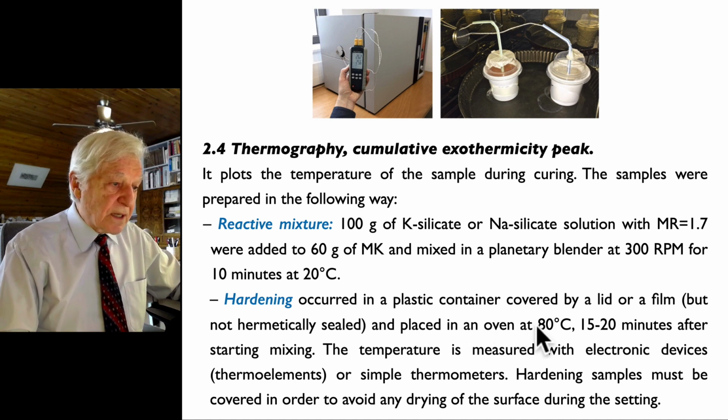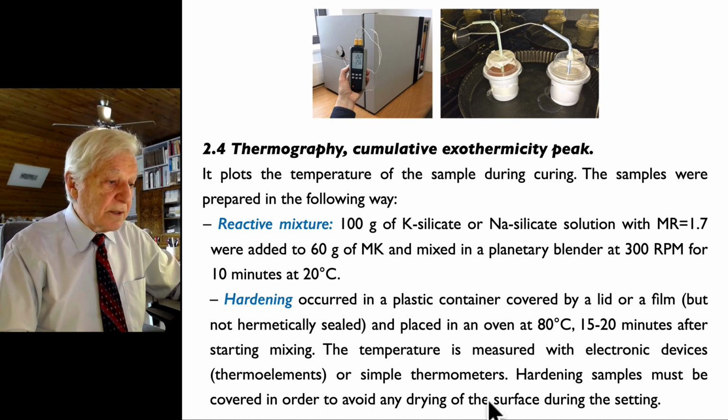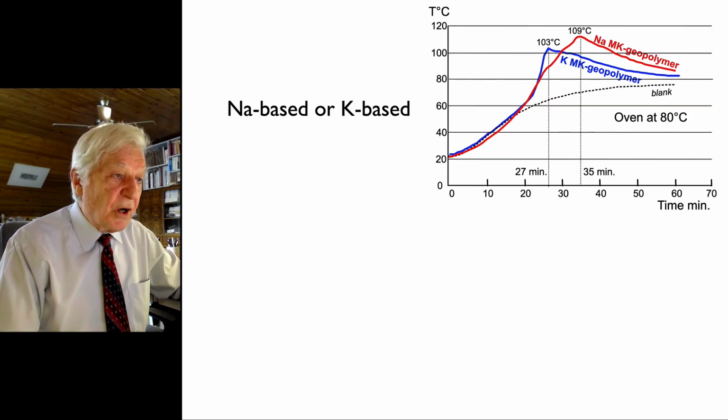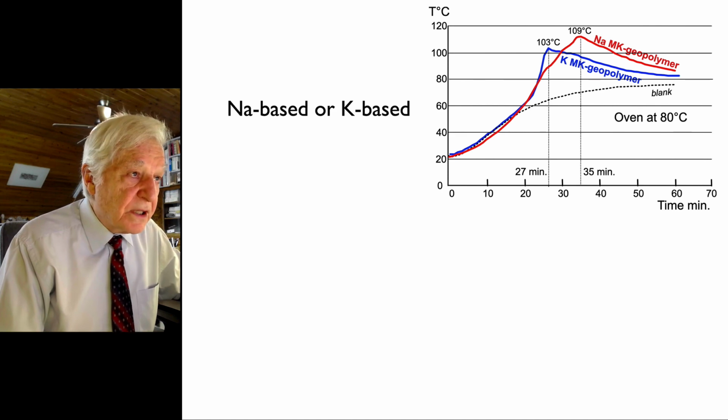The oven is at 80 degrees C. The temperature is measured with electronic devices or a simple thermometer. There's no problem. The hardening sample must be covered in order to avoid any drying of the surface during the setting. What we get depends on the alkali that has been used.